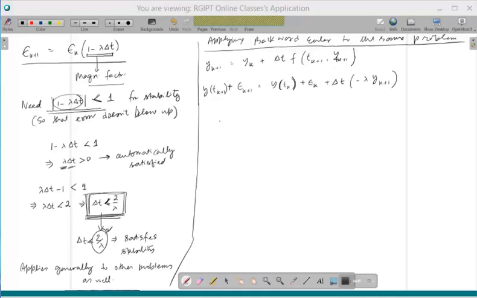Here now I have to take y k plus 1 instead of y k. So that would give me y t k plus 1 is e to the minus lambda t k plus 1 plus epsilon k plus 1.